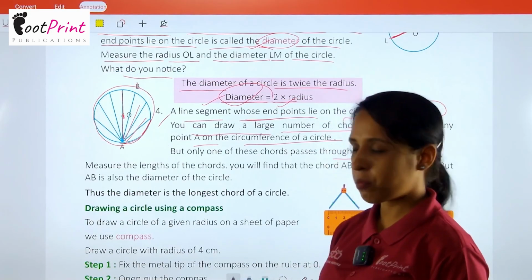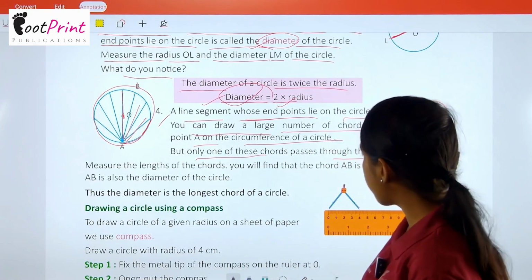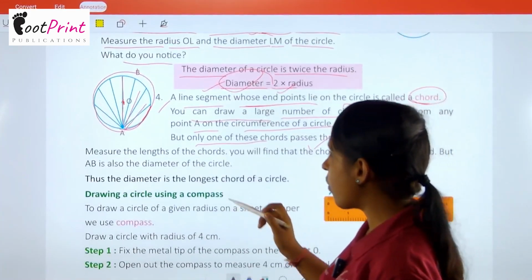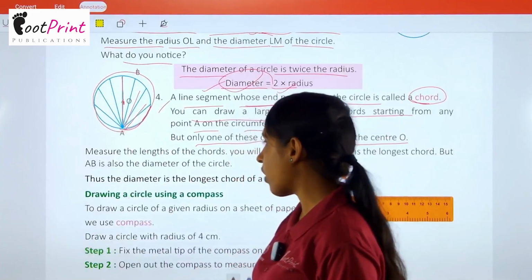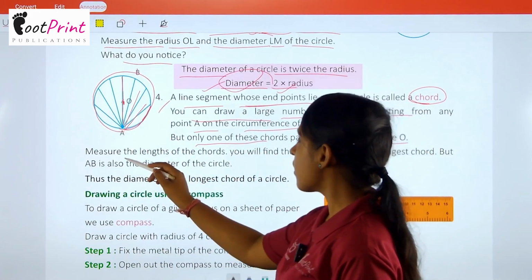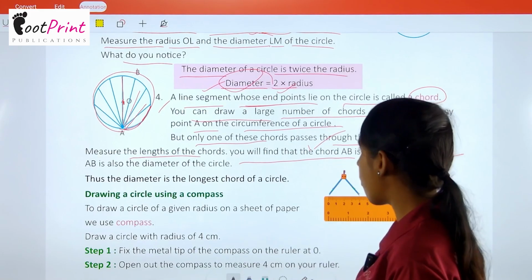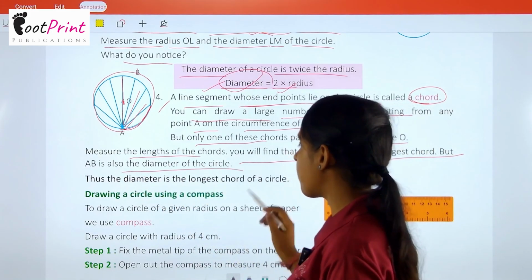Here we observe that only one of these chords passes through the center O, a chord which goes through the center. So measure the lengths of the chords, and you will find that the chord AB is the longest chord, but AB is also the diameter of the circle.